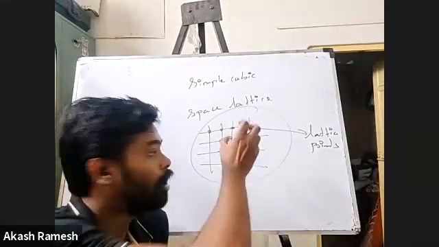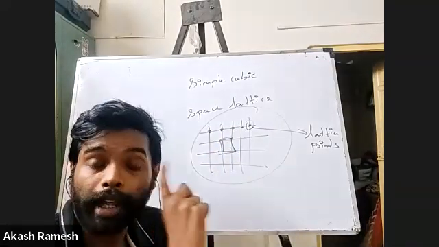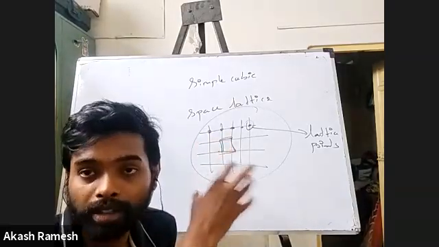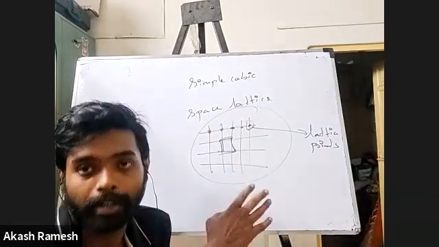Again I repeat, you take the smallest possible unit in such a way that when it replicates in all 3 directions, it should produce the entire space lattice.